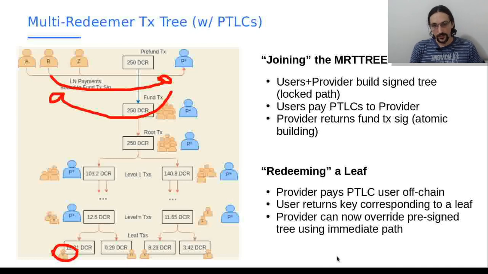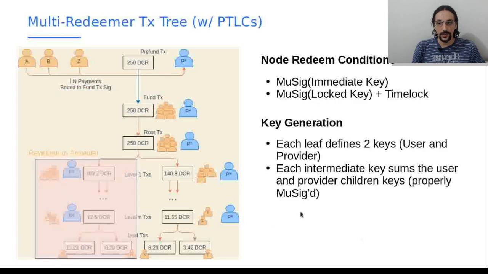The important feature of this construct is that by revealing these leaf keys, the provider can rewrite sub-branches up to the root transaction or the root output of the Mr. Tree. By discovering these leaf keys, the provider can use a specific redeeming condition in the Mr. Tree script that allows it to redeem the transaction without a time lock.